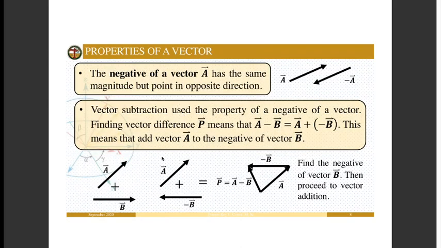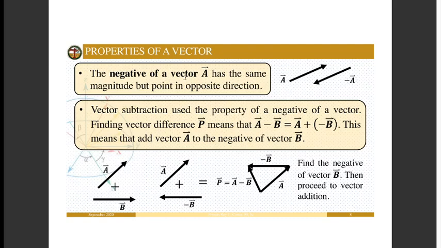So another property of a vector is the negative. For example, I have a vector A with this direction, and this is its magnitude. How can we get the negative of this vector A? It is denoted by negative A, which has the same magnitude as vector A but in the opposite direction, because it has a negative.